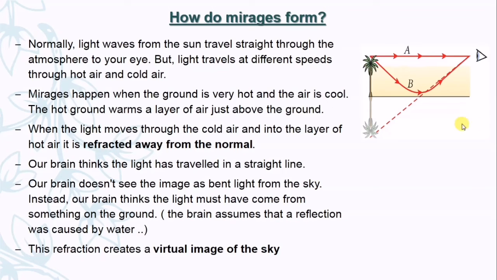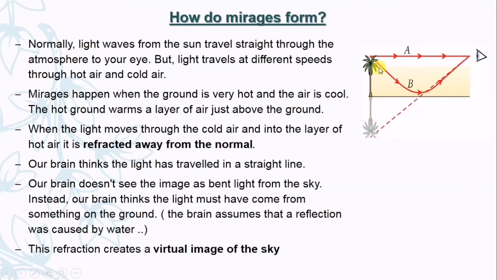The light coming here, if I want to talk about the tree, I have two groups of rays. Group A, the light coming directly from the tree to our eyes, enters our eyes directly, no problem with it. We will see the tree upright. But the tree is giving rays in all directions, and some of these rays are directed toward the ground.